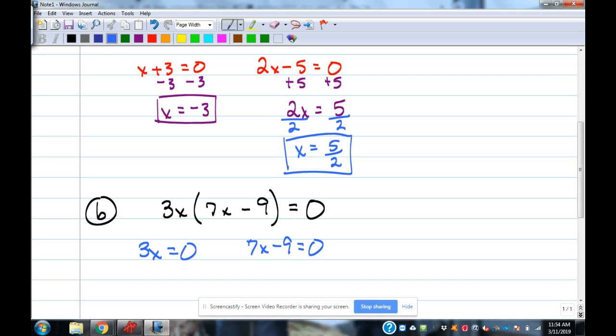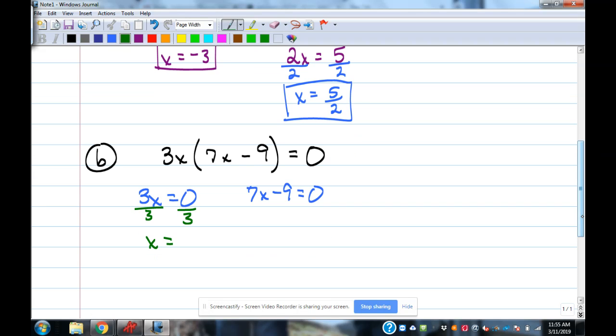How do I get x by itself here? Divide by 3. 0 divided by anything is 0. How do I get x by itself on this other one? Plus 9. So that gives me 7x equals 9.